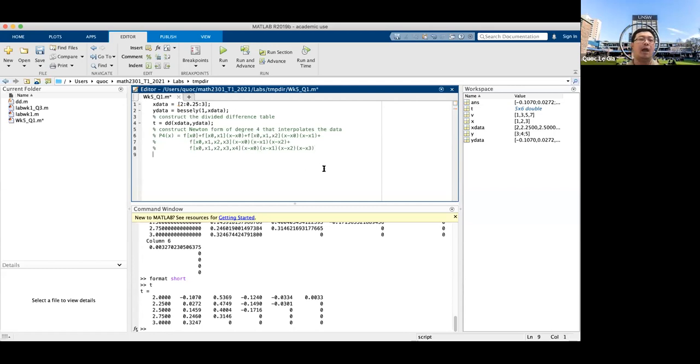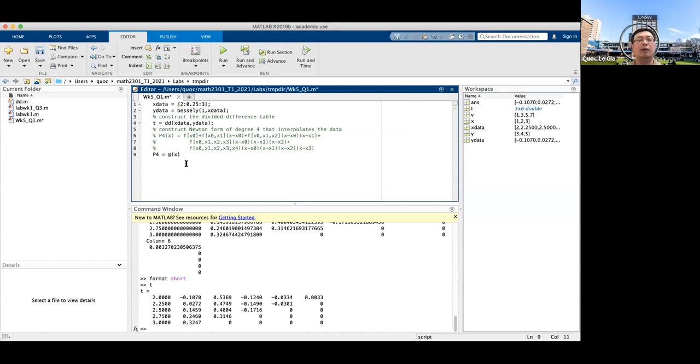But now the question is, how do I convert this formula into MATLAB? Well, okay, so now I define P4 as an anonymous function.